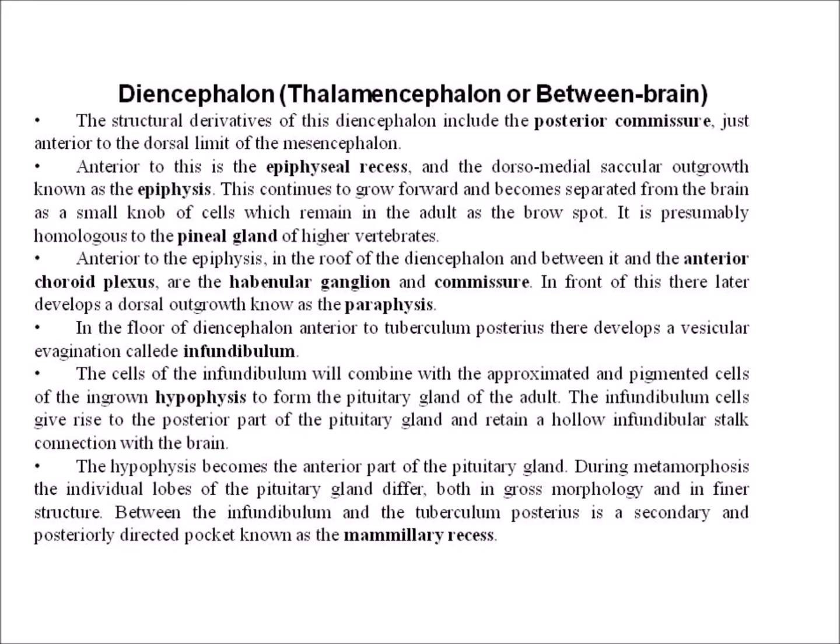The hypophysis becomes the anterior part of the pituitary gland. During metamorphosis, the individual lobes of the pituitary gland differ both in gross morphology and in finer structure. Between the infundibulum and the tuberculum posterior is a secondary and posteriorly directed pocket known as the mammillary recess.